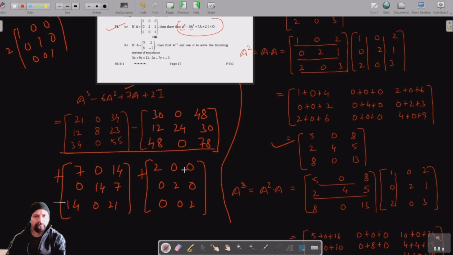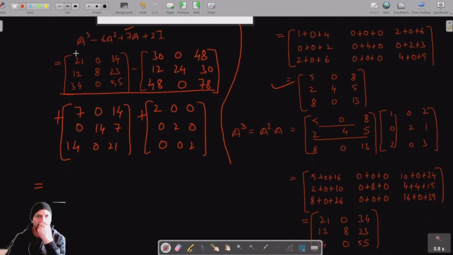Okay, let's simplify this. So 21 minus 30 is minus 9, 0. 34 minus 48 is negative 14, 4 minus 4 is 0, 4 minus 3 is 1. 12 minus 12 is 0, 8 minus 24 is negative 16, and 23 minus 30 is negative 7.